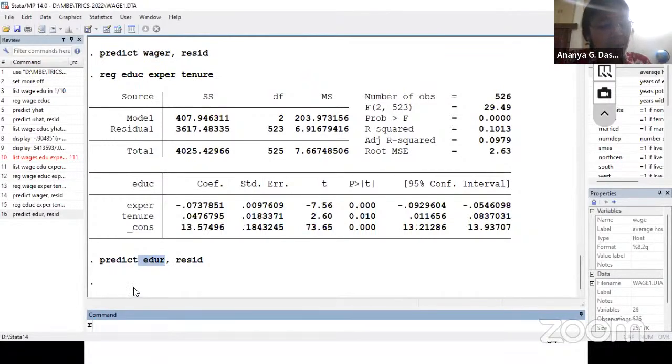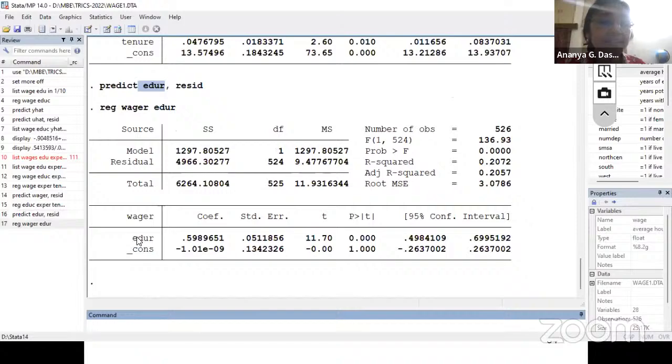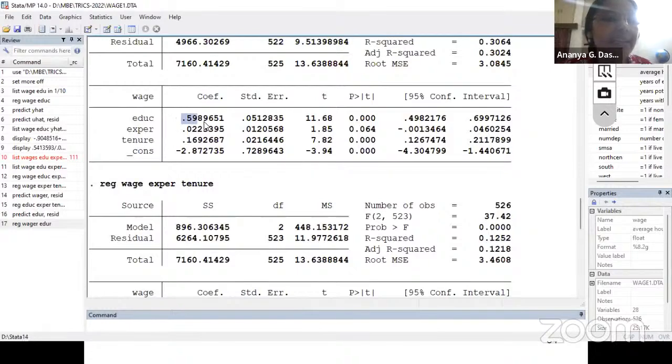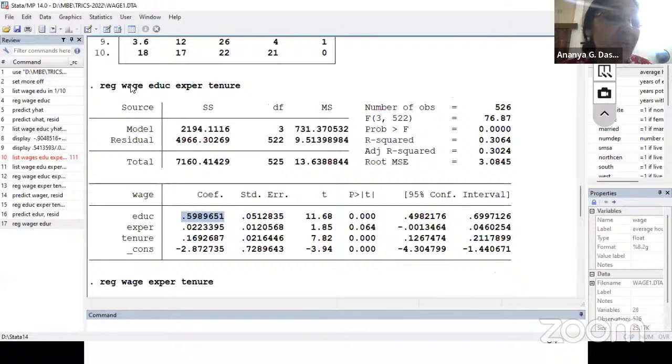So now, when I regress wage R on edu-R, I should get back exactly the same coefficient, which is 0.5989651, which is what I got from my original equation of wage on education, experience, and tenure.